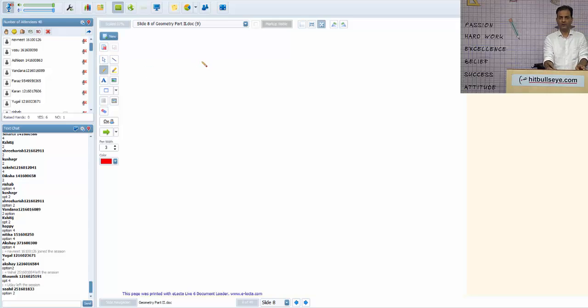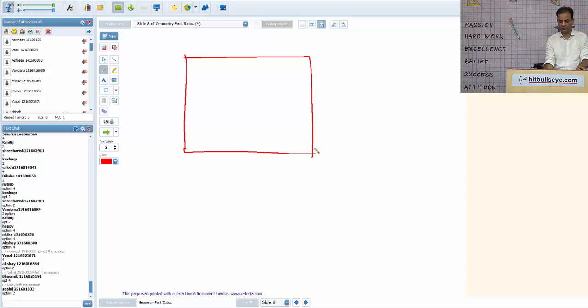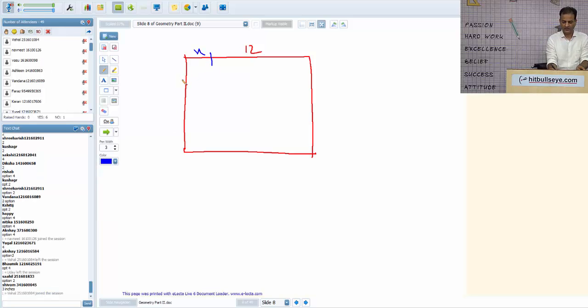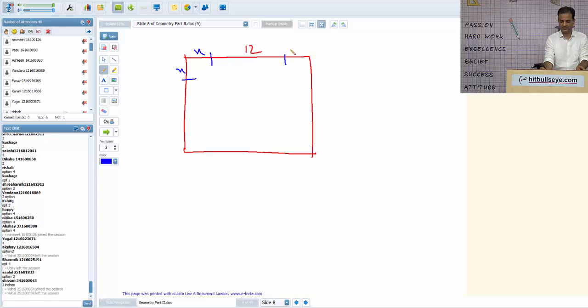What is the given square sheet? 12. So this 12 is given, and here it is written we have cut the square. Suppose I have cut x from here, this is x, x from all the sides. So this is 12.